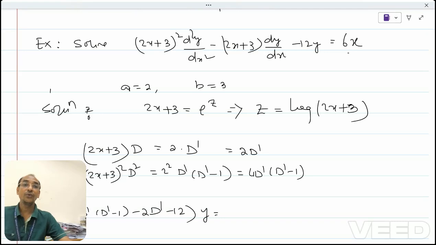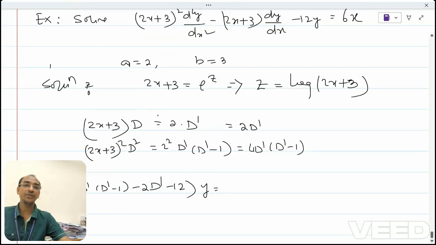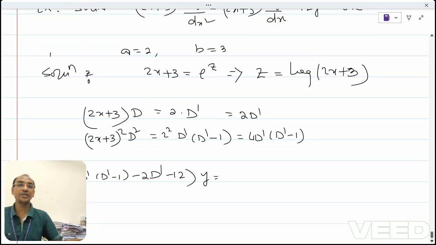So now we will try to make it in the form of 2x plus 3. So we can write 6x like this.